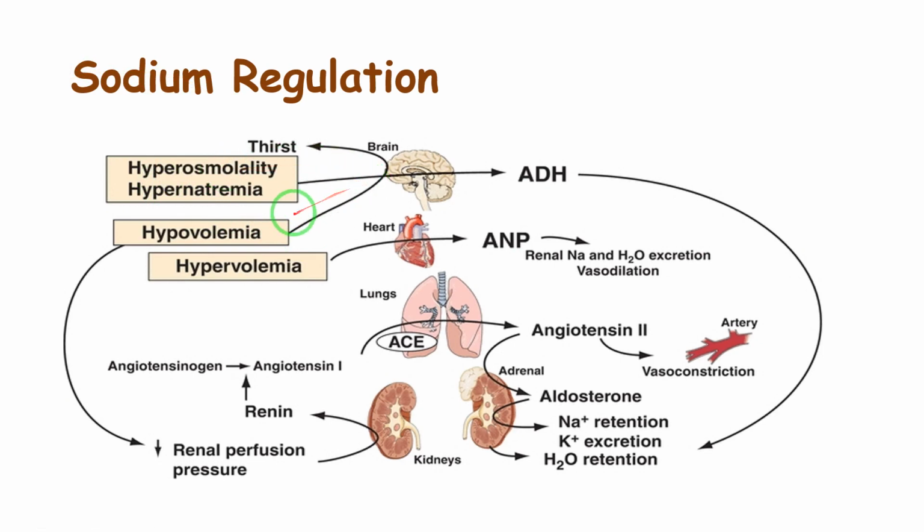This will stimulate the brain and release antidiuretic hormone. Antidiuretic hormone also will lead to water retention. Water retention will dilute by dilutional effect, and it will return the level of the sodium to normal, and then the osmolarity also will return to its normal level.